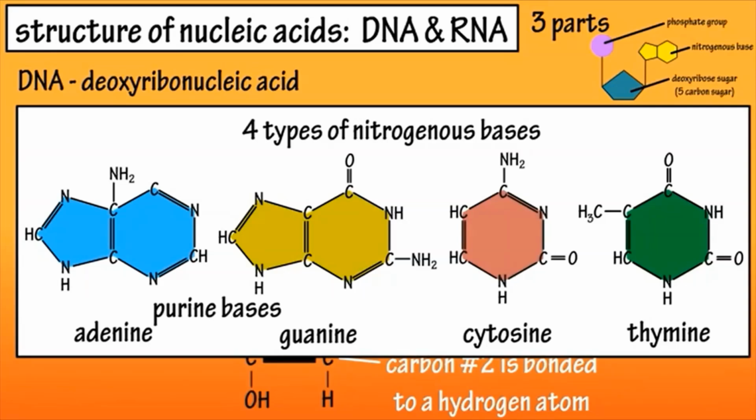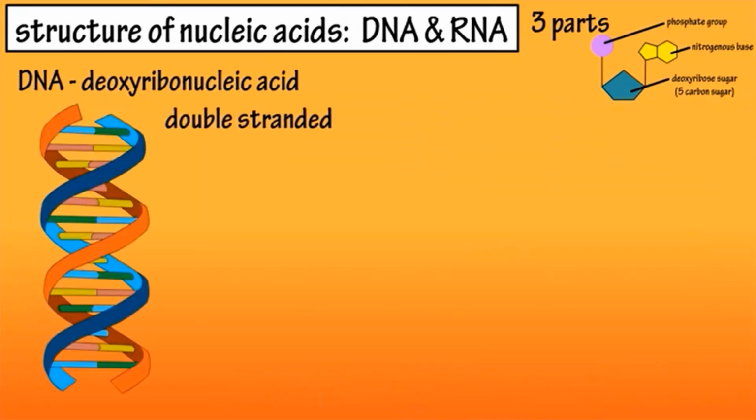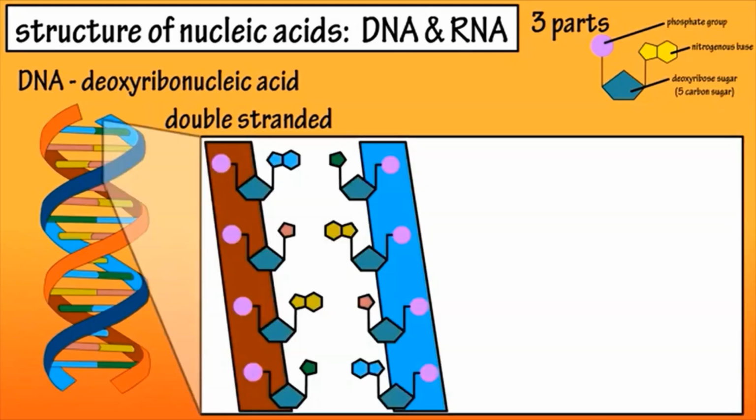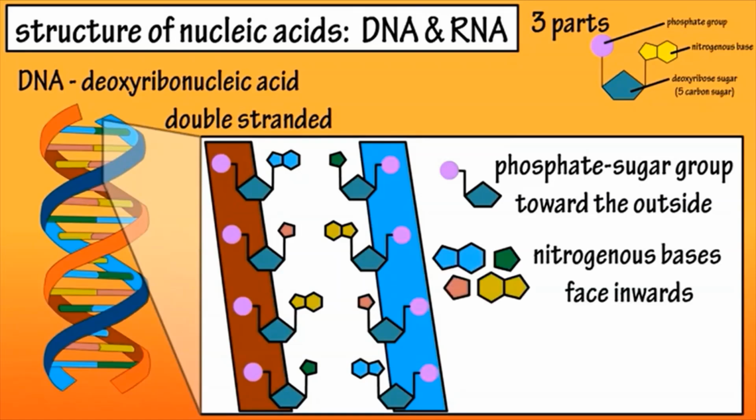Adenine and guanine are called purine bases, and cytosine and thymine are called pyrimidine bases. DNA is a double-stranded nucleic acid, and its molecules take on a helical formation. Each helical chain has its phosphate sugar group toward the outside, and the nitrogenous bases facing inwards towards the nitrogenous bases of the other chain.